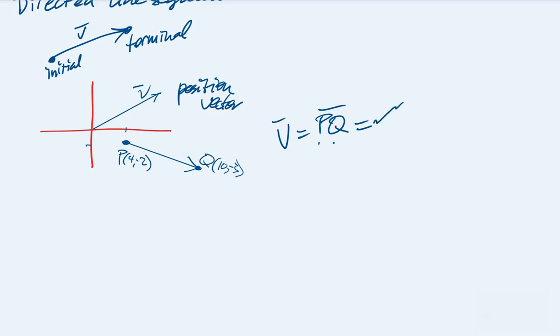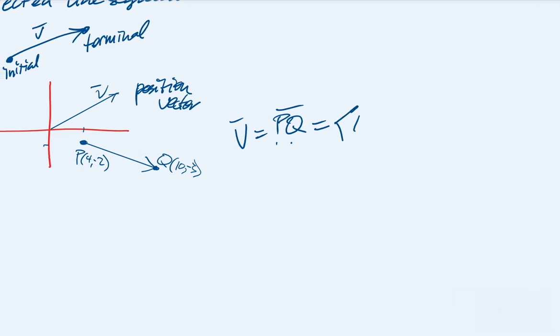And so what you do is you take the last point minus the first point. So it's 10 minus 4, and then negative 3 minus a negative 2. All right, so it's 6 comma negative 1.